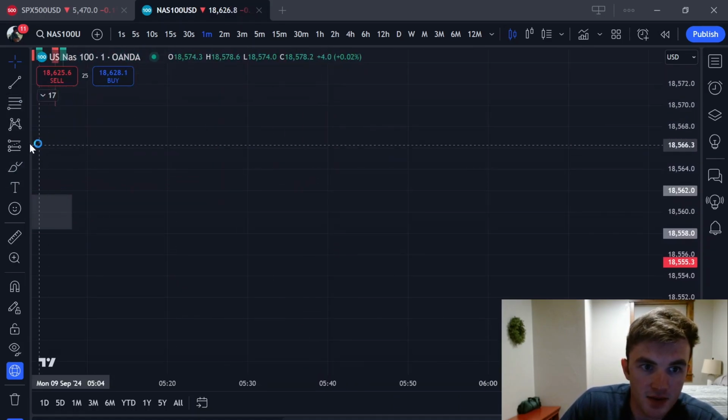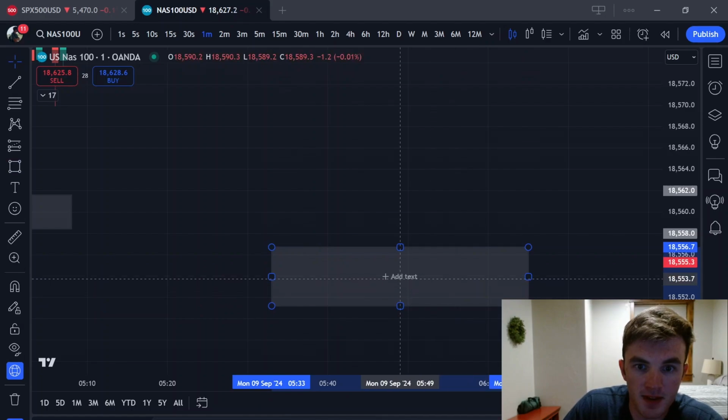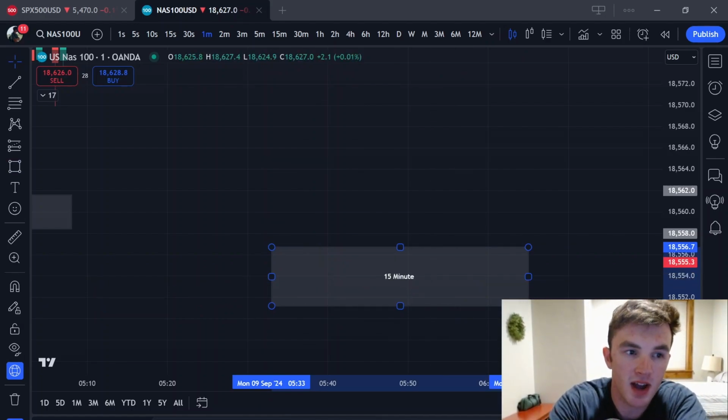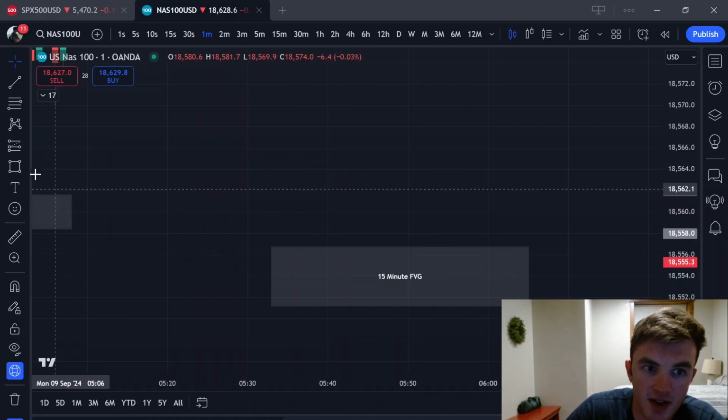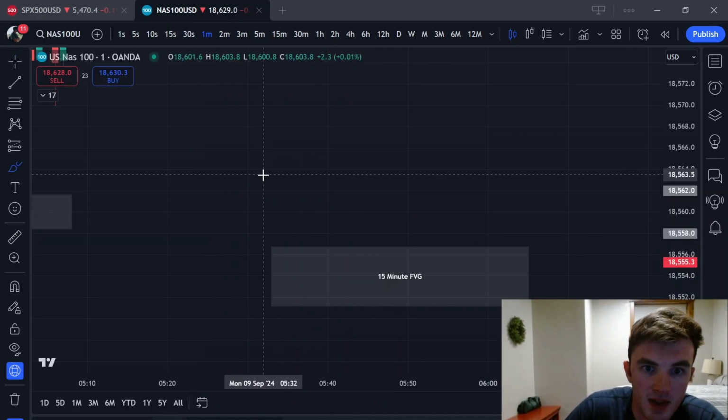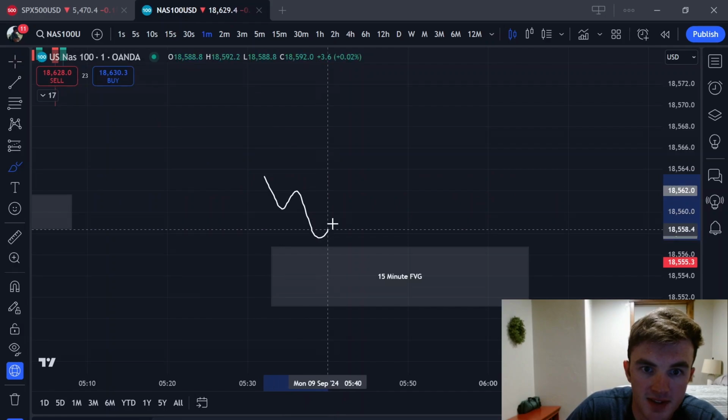Another thing to note is a lot of the time you want to see some kind of higher time frame key level that it sweeps into. So here's an example. Let's say you have a 15-minute fair value gap, and you have price like this.